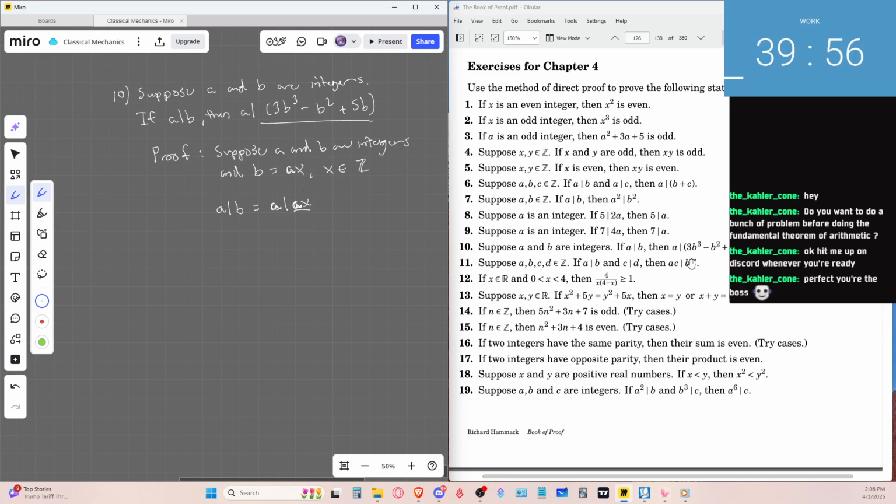Does that mean we have to think that X is something? Do we have to project that X turns into something involving B? Because we have B cubed minus B squared plus 5B.